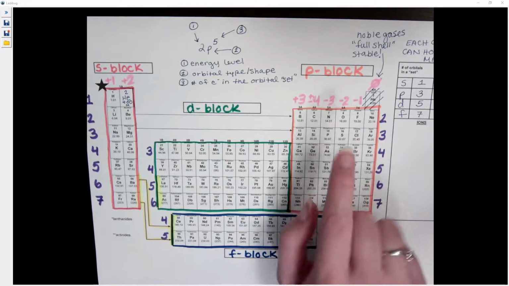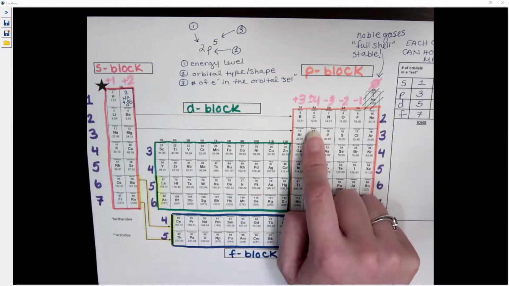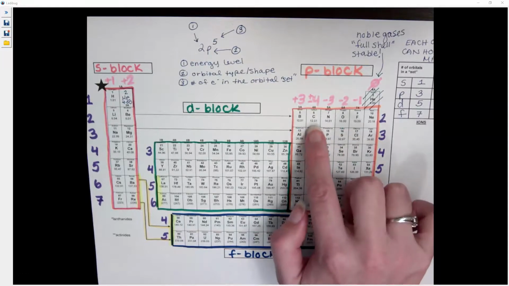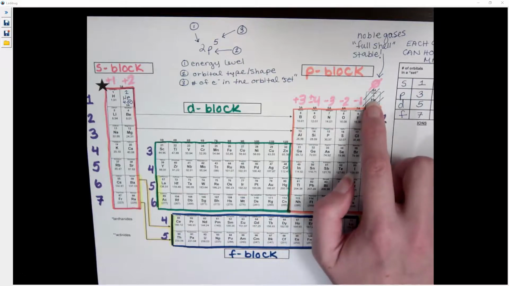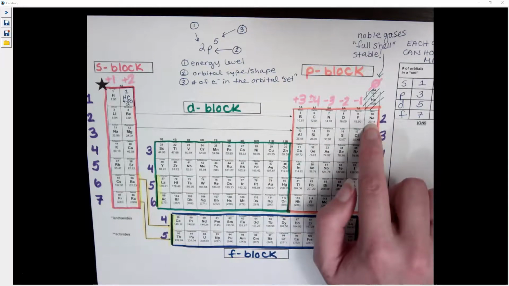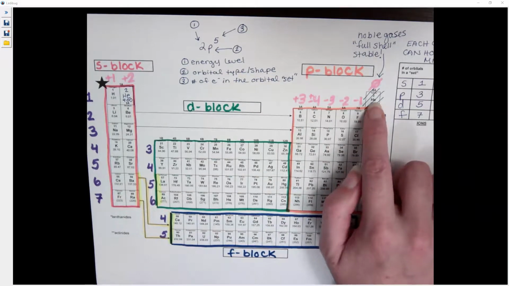So the reason this carbon column is plus or -4 is because it's equidistant from a noble gas on either side. It could gain 4 or it could lose 4 and look like the previous one. Carbon can either look like neon or it could look like helium. Okay?